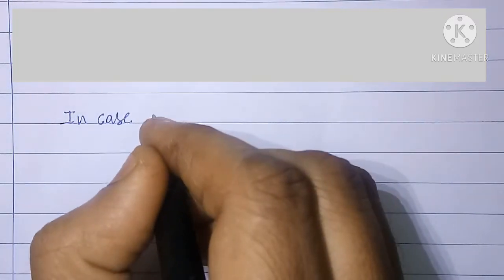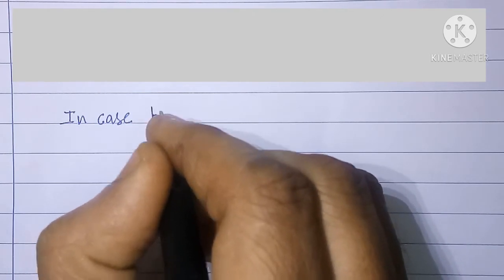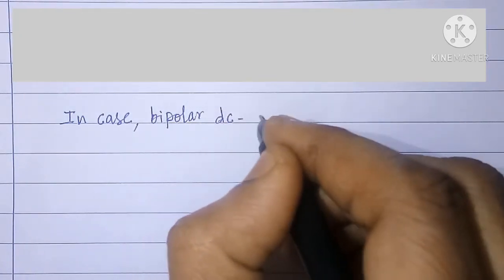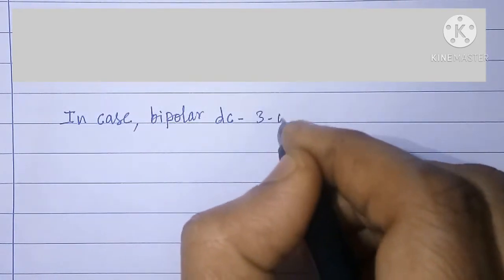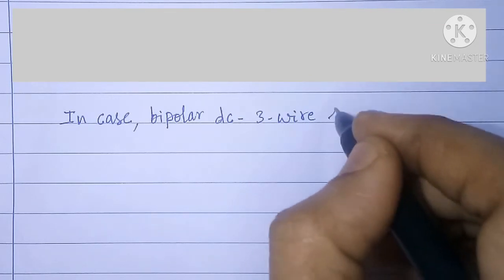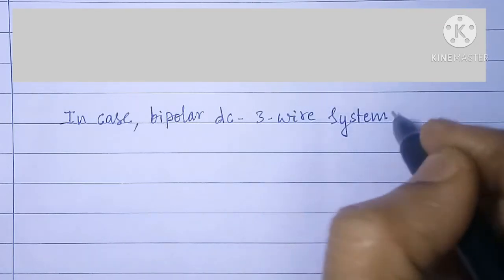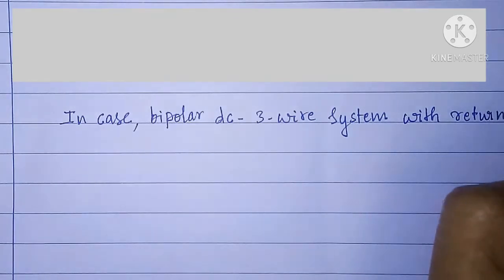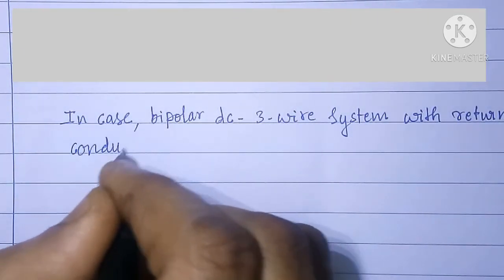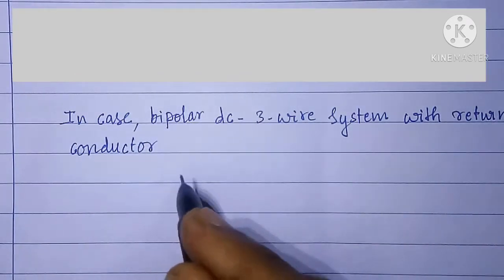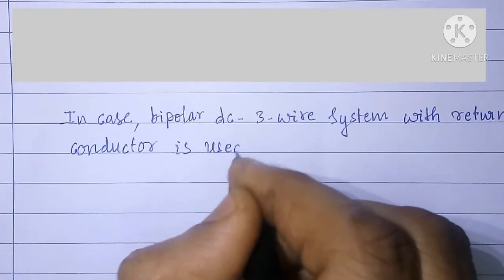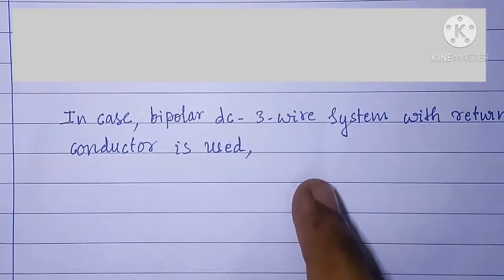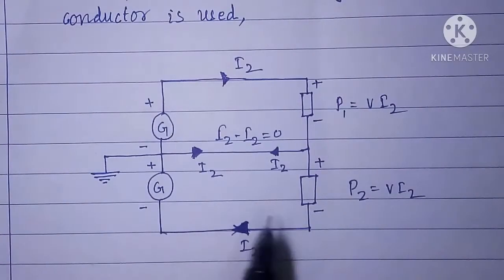In case bipolar DC three wire system with return conductor is used, DC 3 wire system with return conductor means a system shown here.